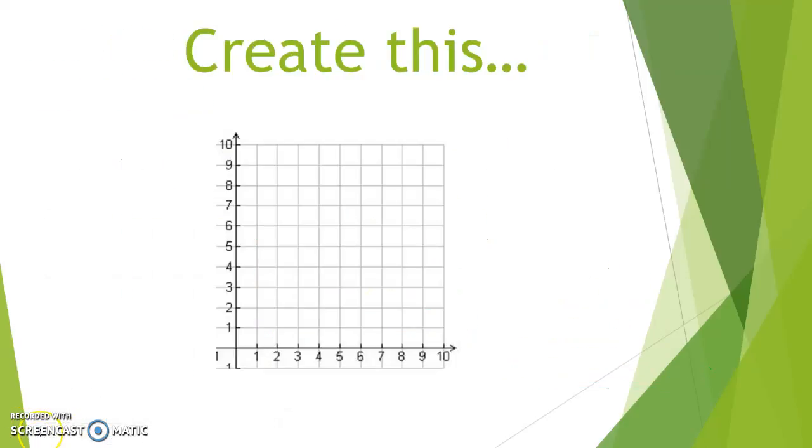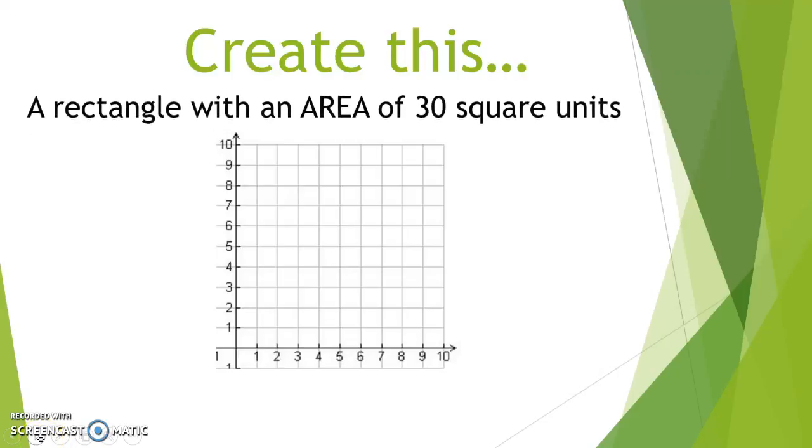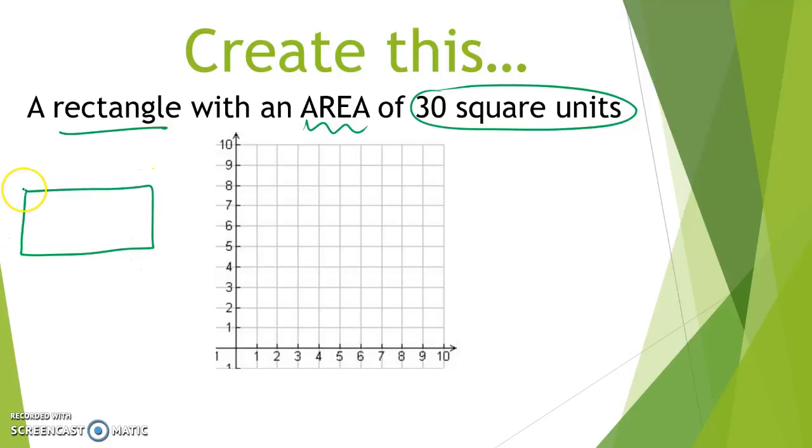Our last two problems are going to be creating shapes. So we're actually going to be plotting points on a coordinate plane based on information that we're given. So the first shape that we're going to create is a rectangle with the area of 30 square units. So what I want to think about first is a rectangle normally looks generally like that.